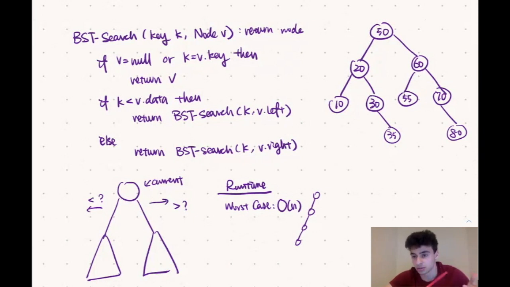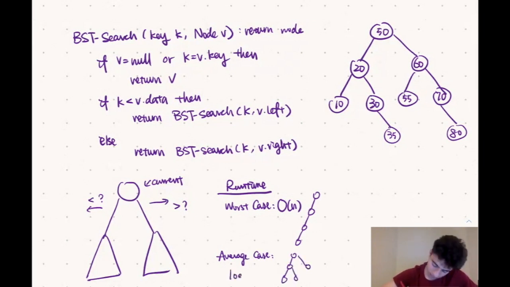On the other hand, in the average case where the tree is balanced, or the nodes are evenly distributed between the left and right children, the runtime is logarithmic, or O of log n.